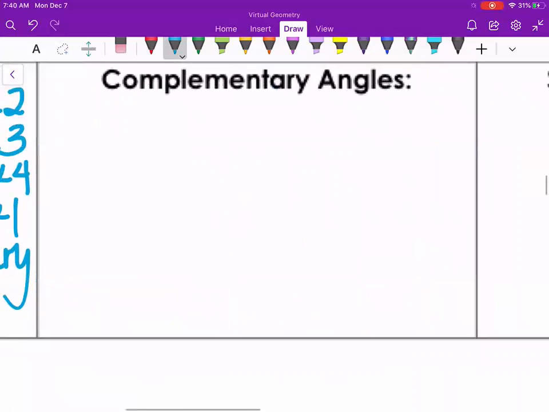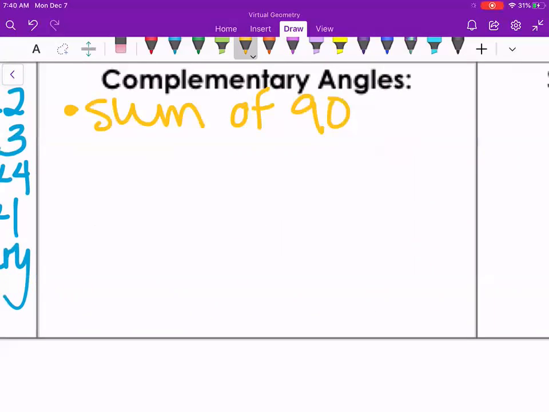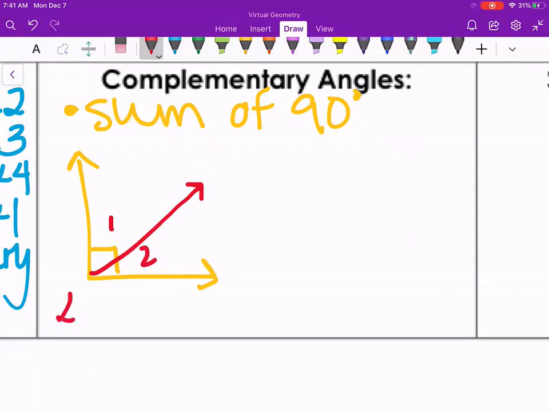All right, complementary angles. These angles have a sum of 90 degrees. So whether that is two angles that are sitting inside a right angle, so angle 1 and angle 2, or it could be just two separate angles that don't touch each other.